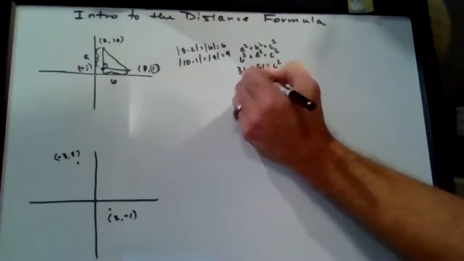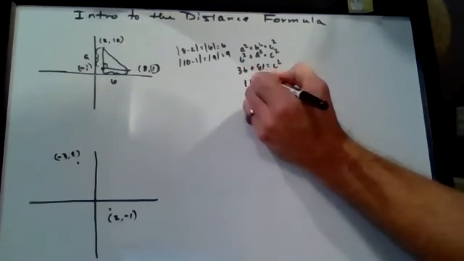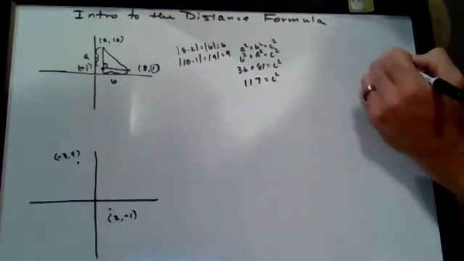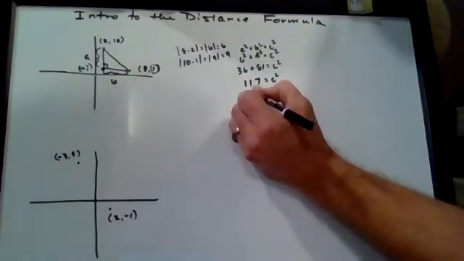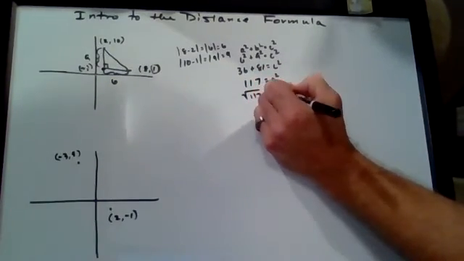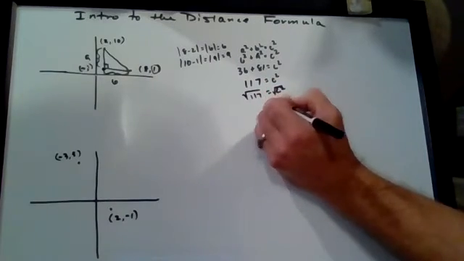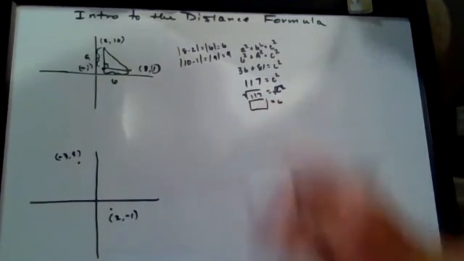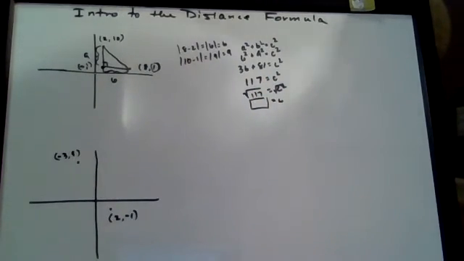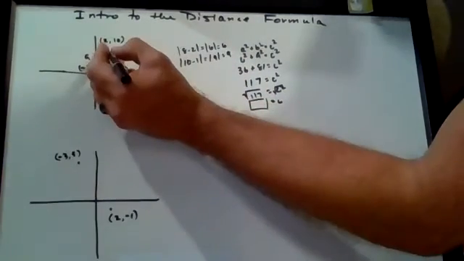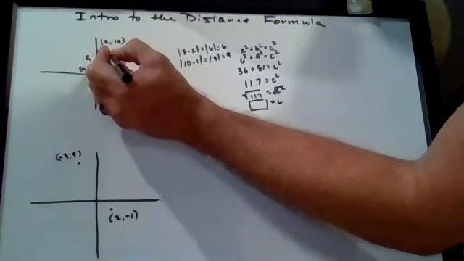We can start adding this together. We get 117 equals c squared. And if we take the square root of all of that, c equals, and you can plug that into your calculator, and that is a decimal somewhere between 10 and 11. And that is the length of this.